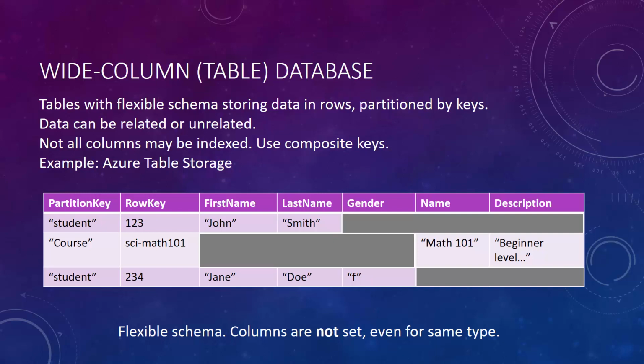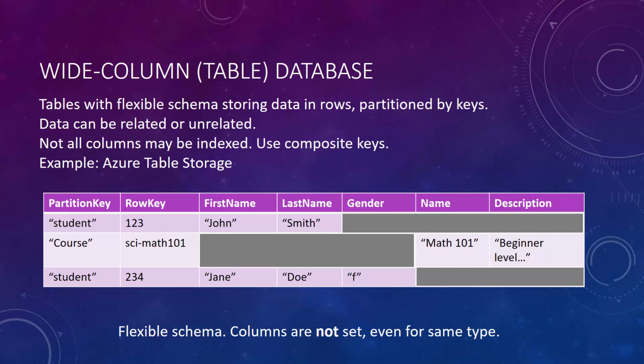And the main difference between a wide column database and a key value database is that the value part doesn't have to be a single column. In the case of key value, there was the key column and then there was the value column, and that was it. In this case, we can have many, many more columns.